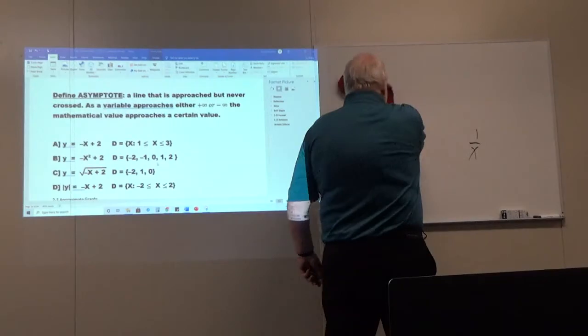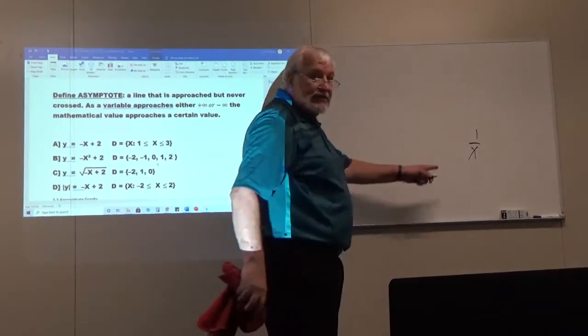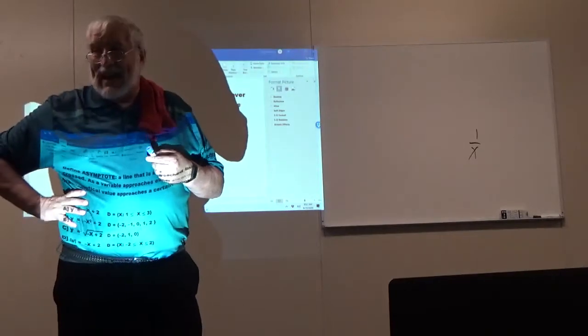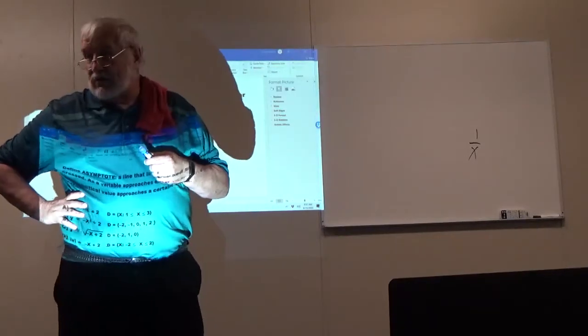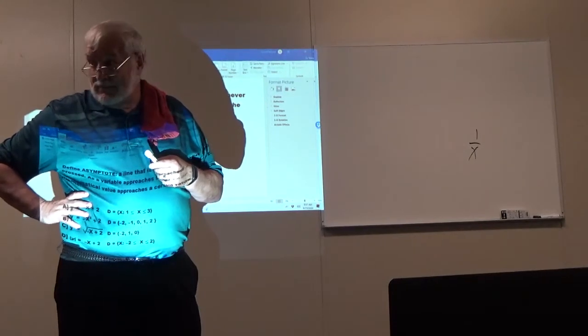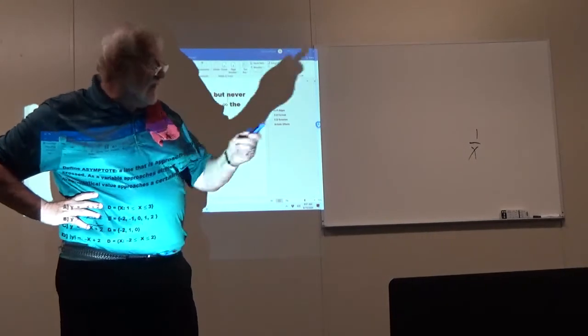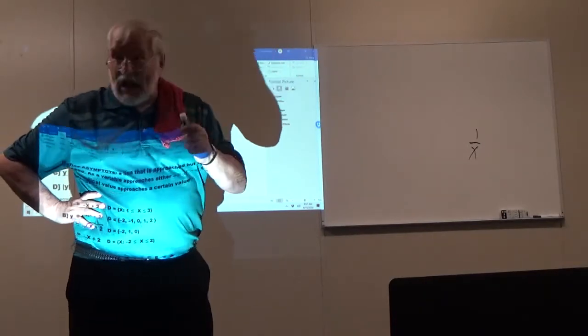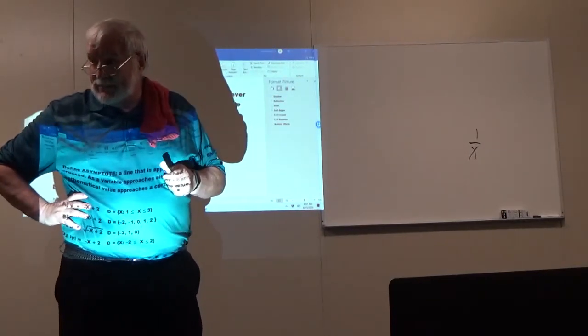All right, let me ask you this way. Is there a value of x that you will never be at if your function is 1 over x? Think of it this way: is there any value that x may not be?